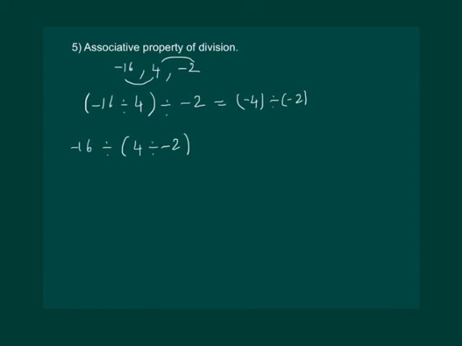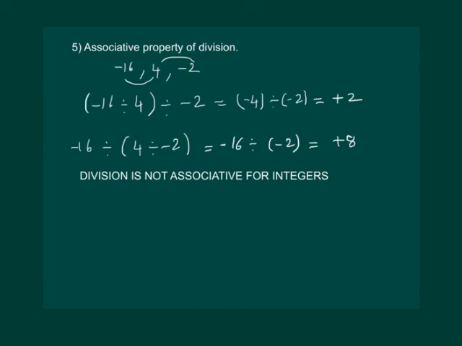We solve the first grouping and get minus 4 divided by minus 2, which will give us plus 2. And the second grouping will give us minus 16 divided by minus 2, which is equal to plus 8. That means the way we group the three integers while dividing matters, and hence division is not associative for integers.